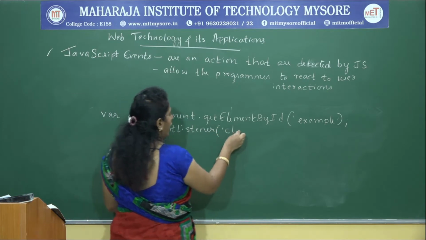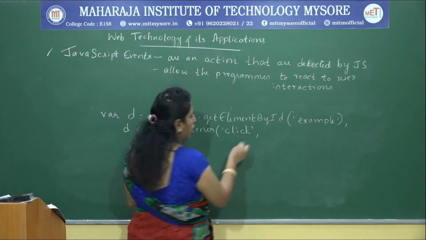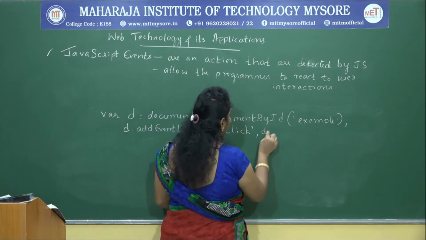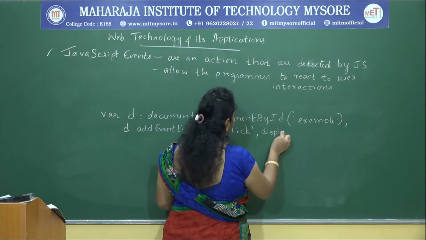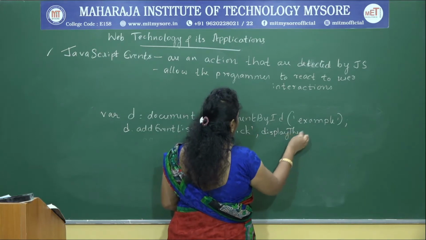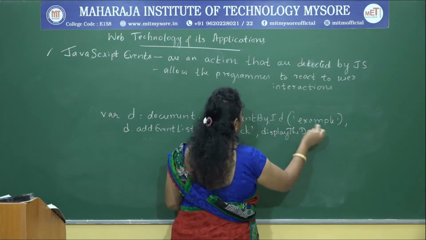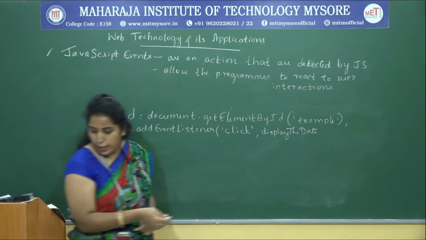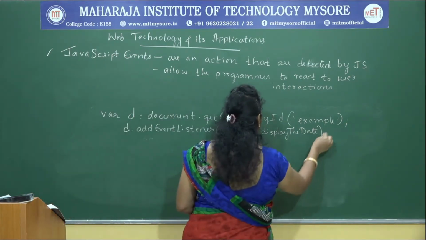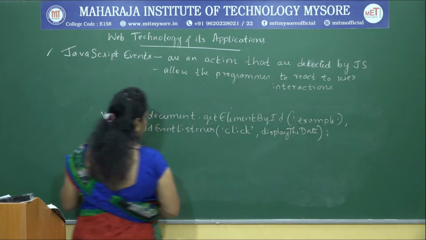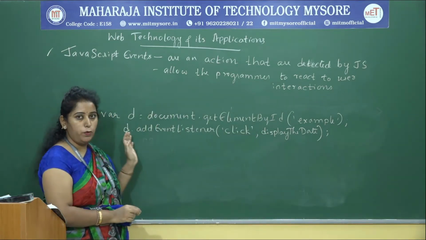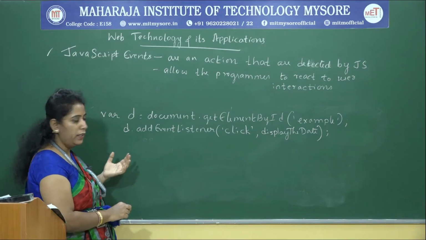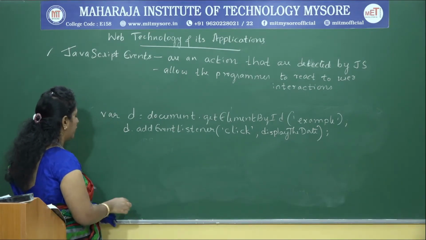So when you click, it should call a function, display the date. This is how we can code a program to display the current date.